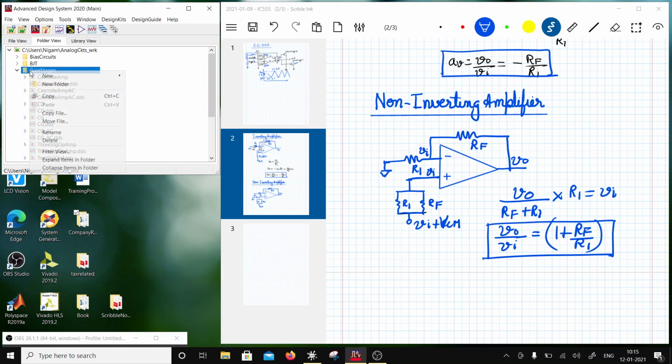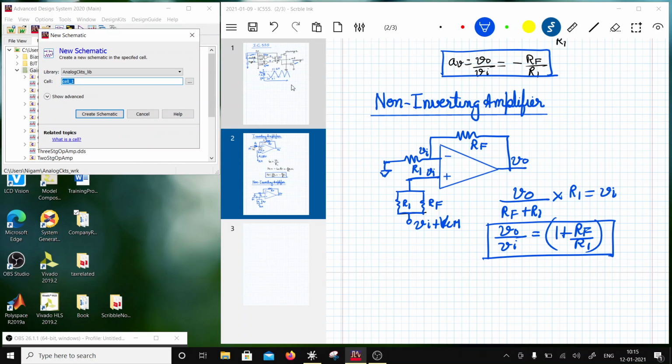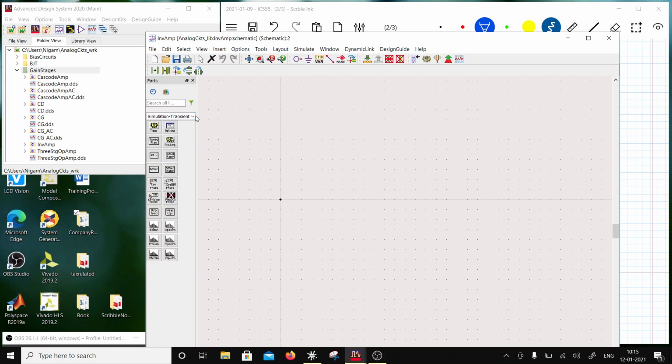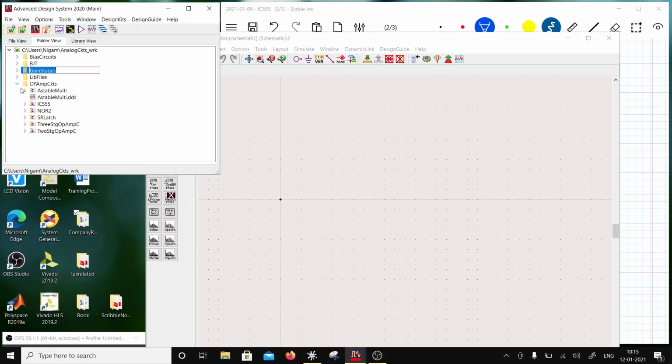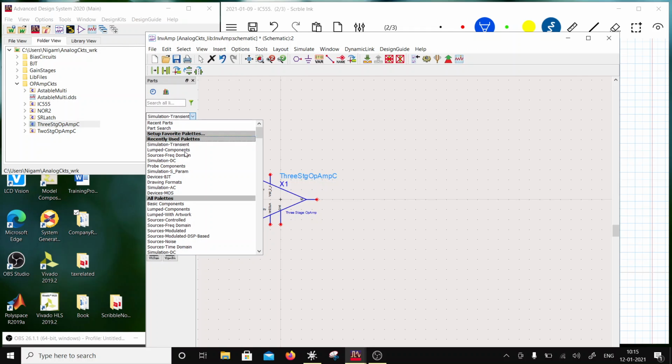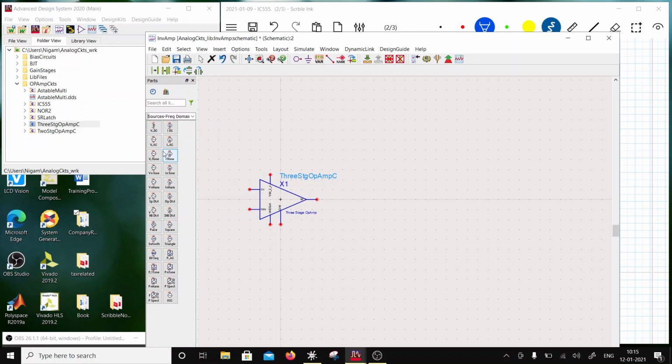Let's go ahead and create a new schematic, and call it INV AMP. In here I am going to put an OpAmp from the OpAmp circuits, the 3-stage OpAmp, because there is a feedback resistor, so there is a resistive load. I am going to move the text to the right, and here I am going to put a current which I draw from this, which is 20 microamperes, and then there is a ground here.